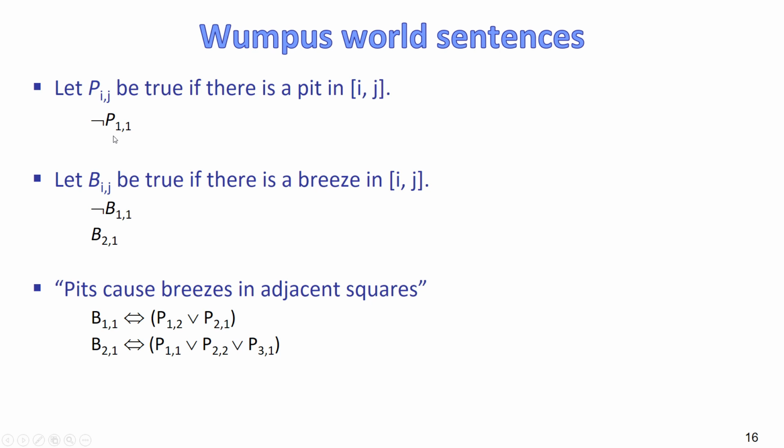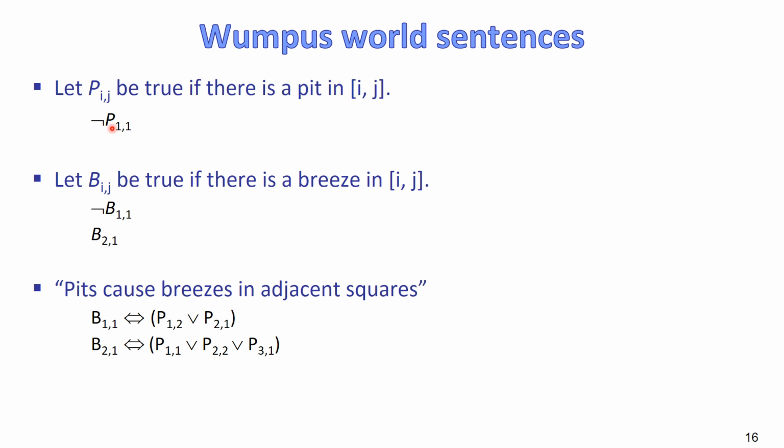So for example, if we are sure that there is no pit in room 11, then we can say not P11. Not P11 means that there is no pit in room 11. And of course, we can have one like that for every room in which we know for sure there is a pit or not.